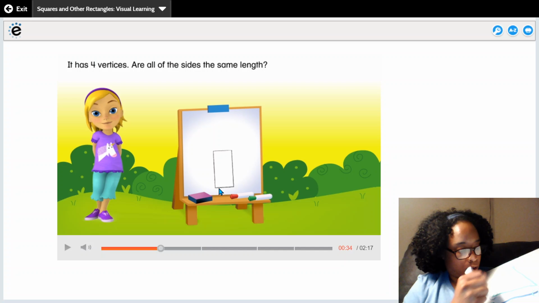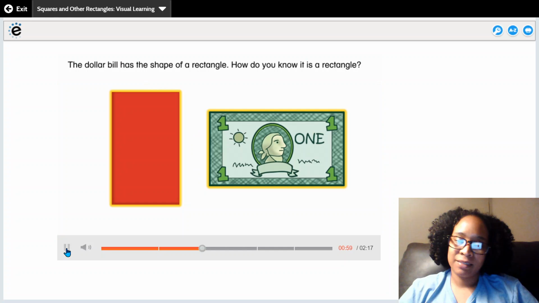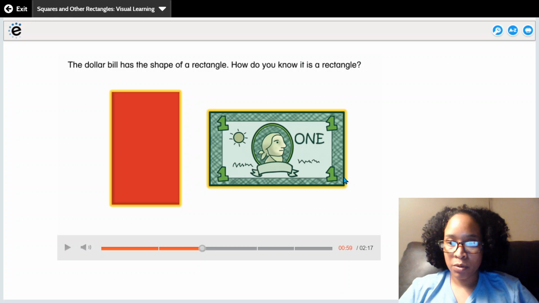This shape is called a rectangle. What shape does this dollar bill have? The dollar bill has the shape of a rectangle. How do you know it is a rectangle? How do we know that that's a rectangle? Because it has two short sides, 1, 2, and two long sides, 1, 2.